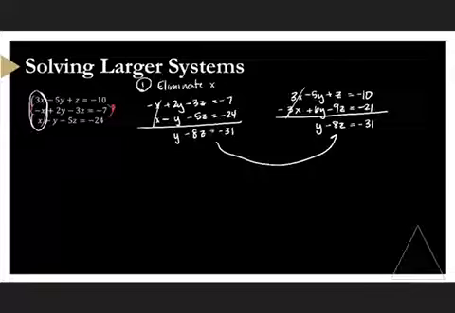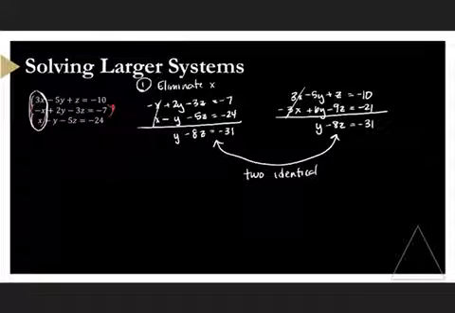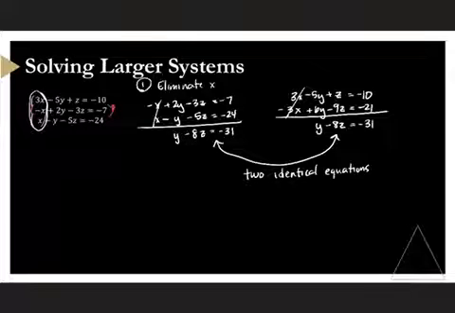Now notice what happened. Okay, what we ended up with is two identical equations. And so at this point, we can stop. I can stop and say, I have two of the same equation, which means infinitely many solutions.